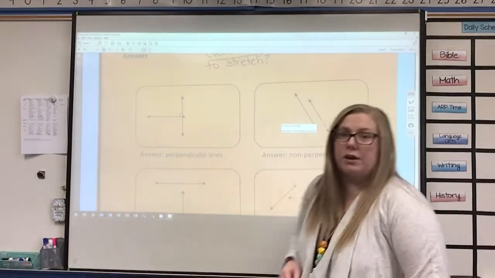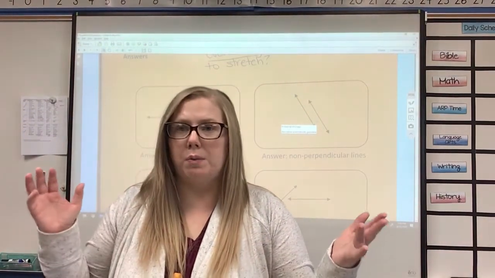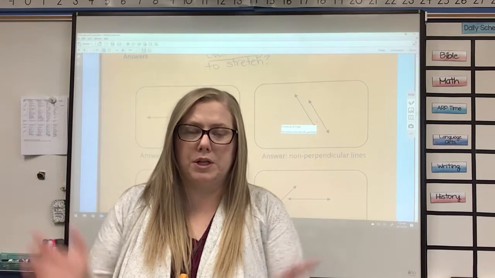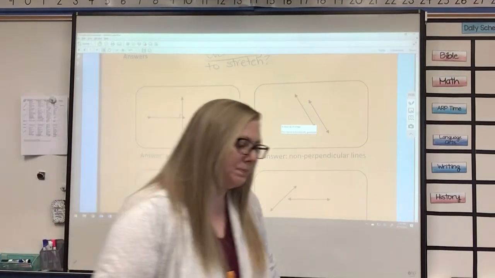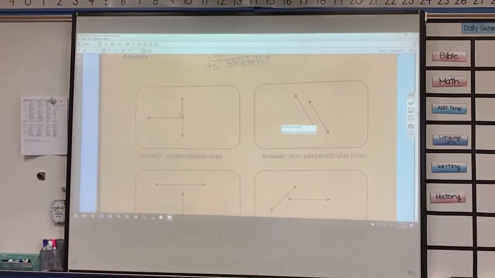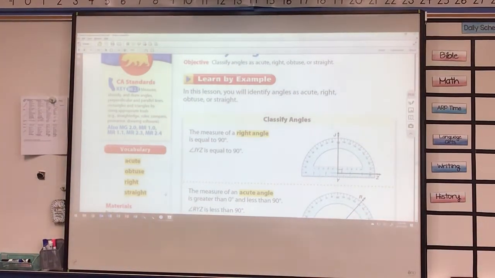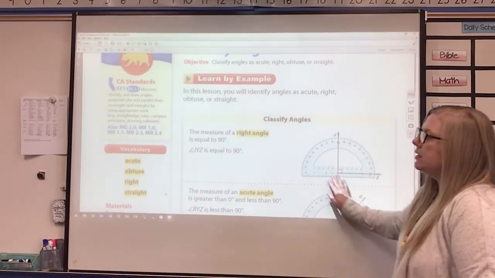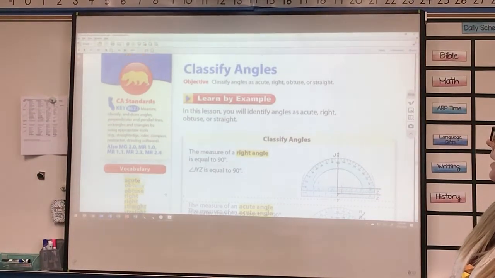So again, if you have any questions on those 2 pages, please let us know. We are going to move on now, and we are going to talk about angles. So take out your notes. All right, so this is a page that you could open up to in your book if you wanted to follow along with what I am saying.